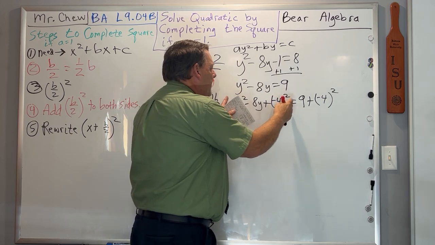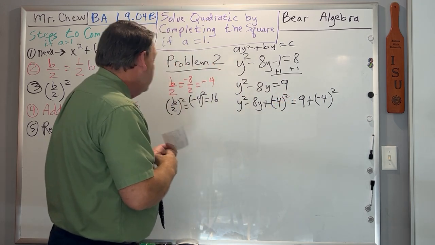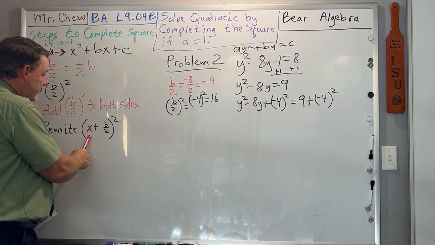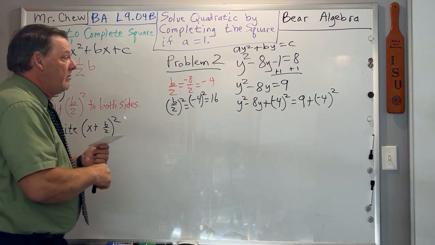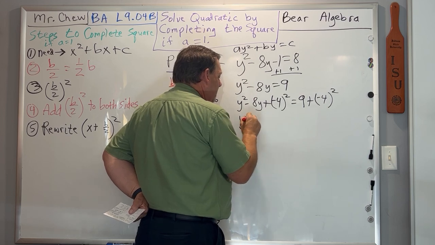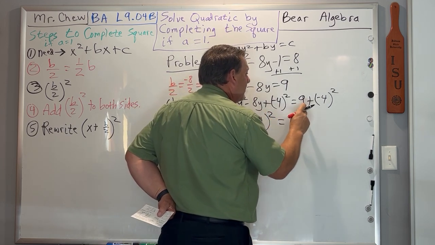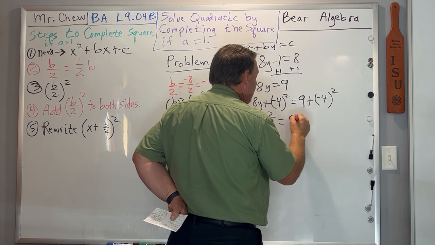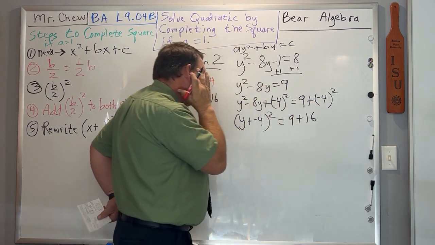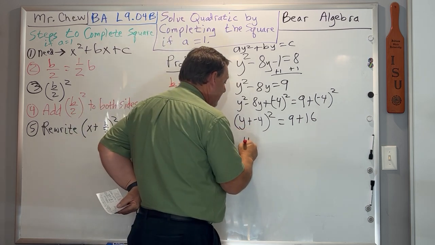This is a perfect square trinomial. So I can rewrite it as x plus b over 2 squared. So I can rewrite this as y plus negative 4 quantity squared equals 9 plus 16. But these are always written plus the opposite as minus.